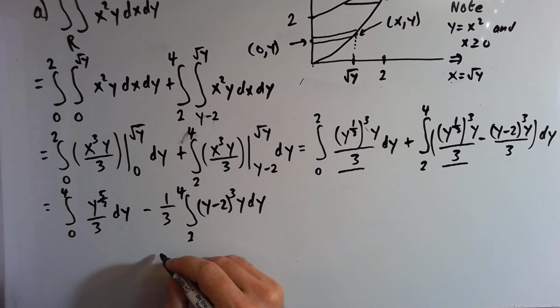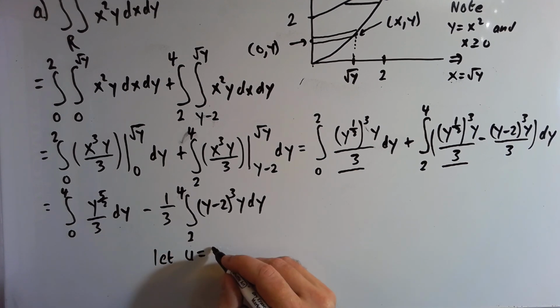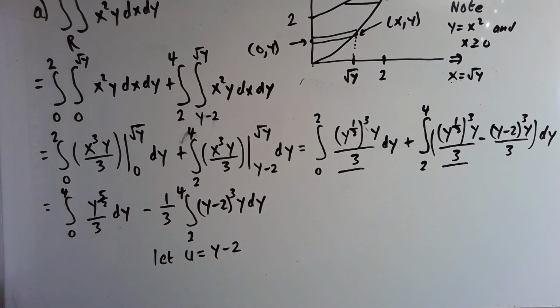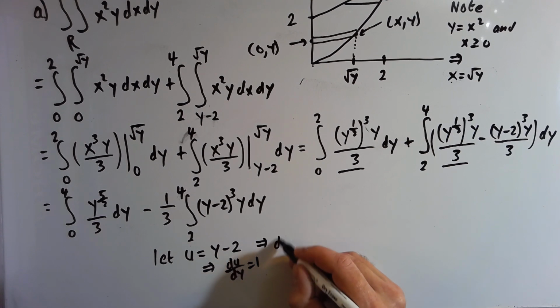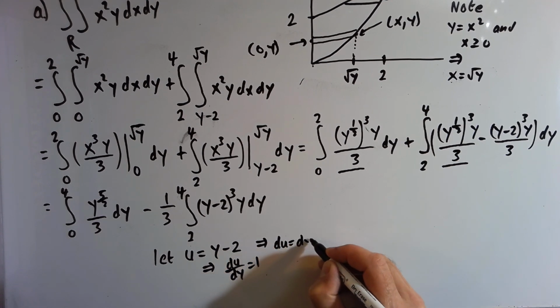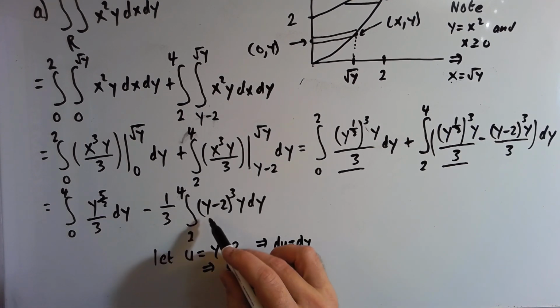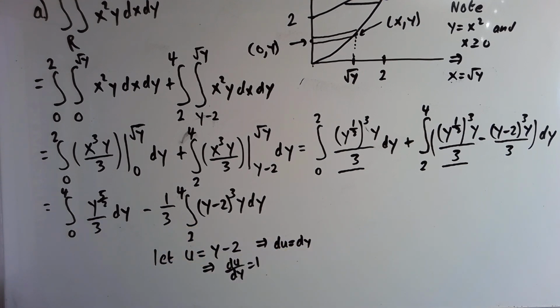Let u equal y minus 2. So then du dy will equal 1, so then du equals dy.